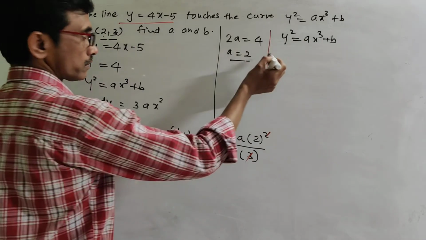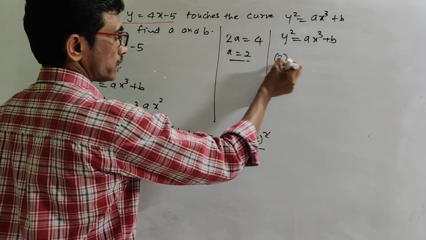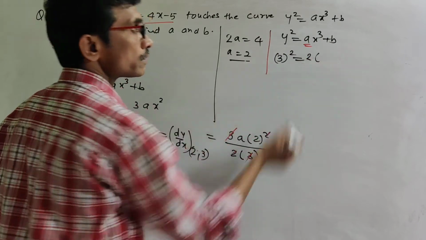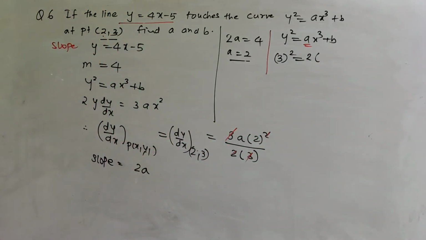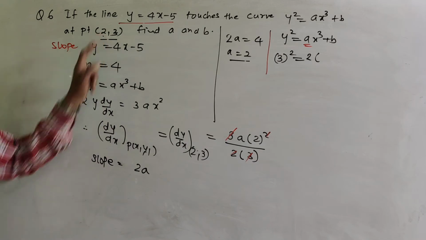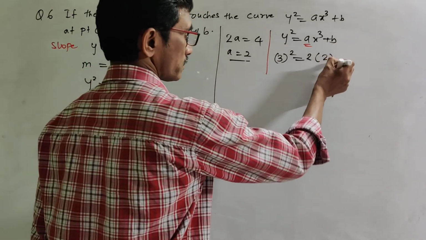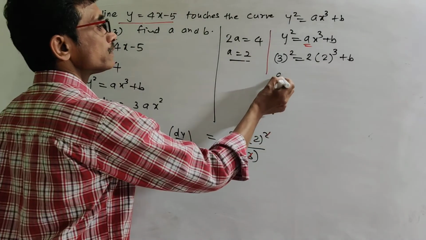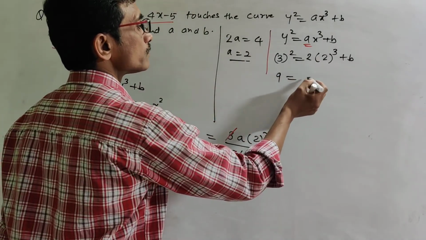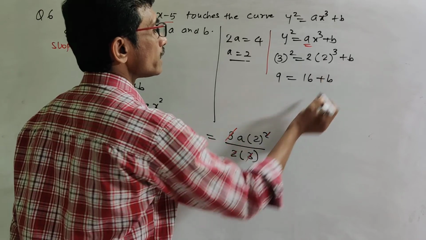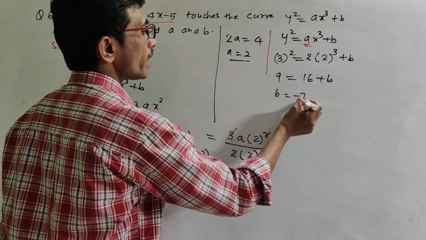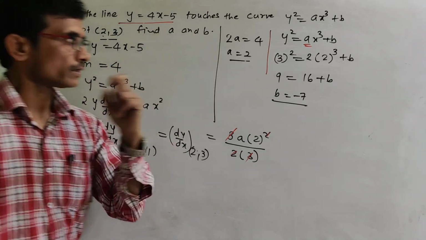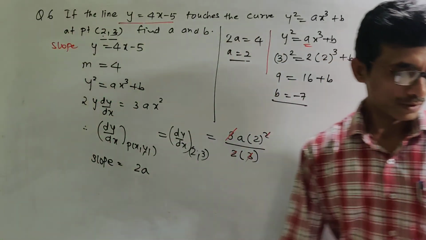Therefore 3 square is equal to 2 times x cube, x cube is 2 cube, plus b. Therefore 9 is equal to 16 plus b and b is equal to minus 7. So we are interested to find a and b: a is equal to 2 and b is equal to minus 7.